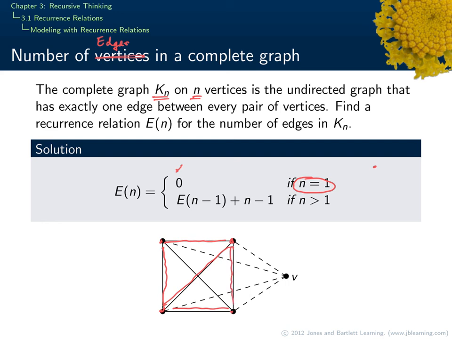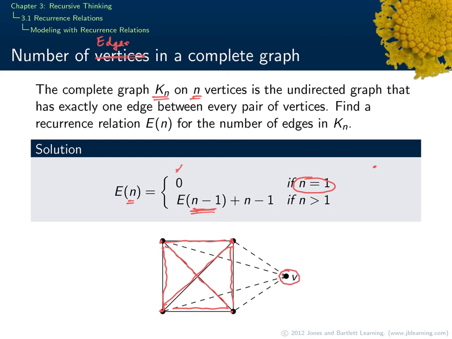So between any 2 vertices, we draw an edge. Now what we want to do is imagine adding another vertex to take us from 4 vertices up to, say, 5. So we're now going to add this vertex right here.